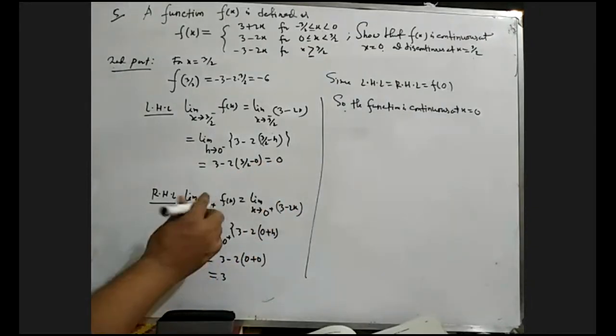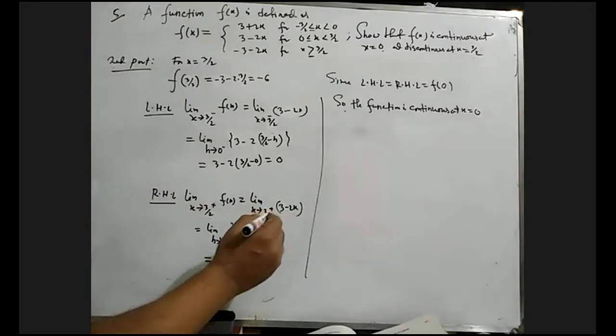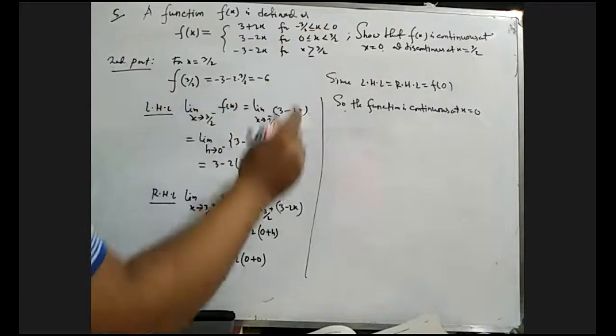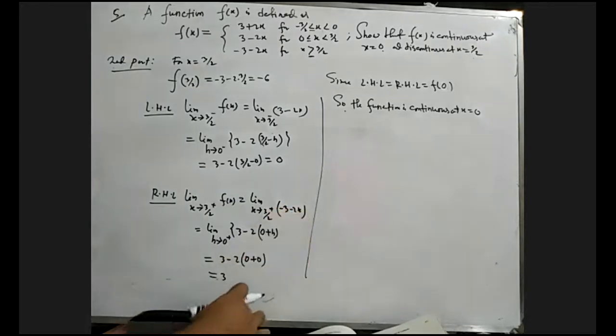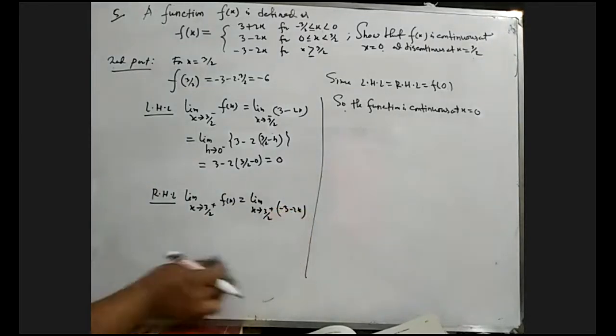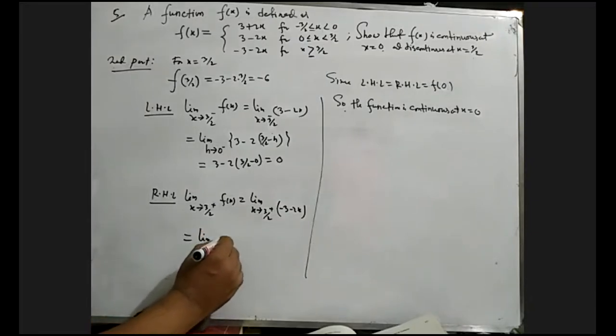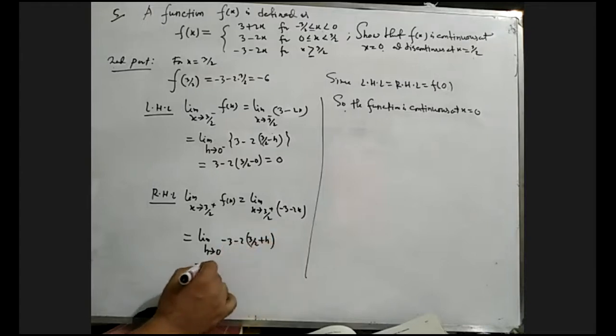Now the right hand limit, what will be at x equals 3 by 2? x greater than 3 by 2 in which domain? That means in the third one, the third part of this function. Now using the x method, this limit a tends to 0, x becomes a plus h, that means 3 by 2 plus h. Now putting a's value, the 2 will be cancelled.